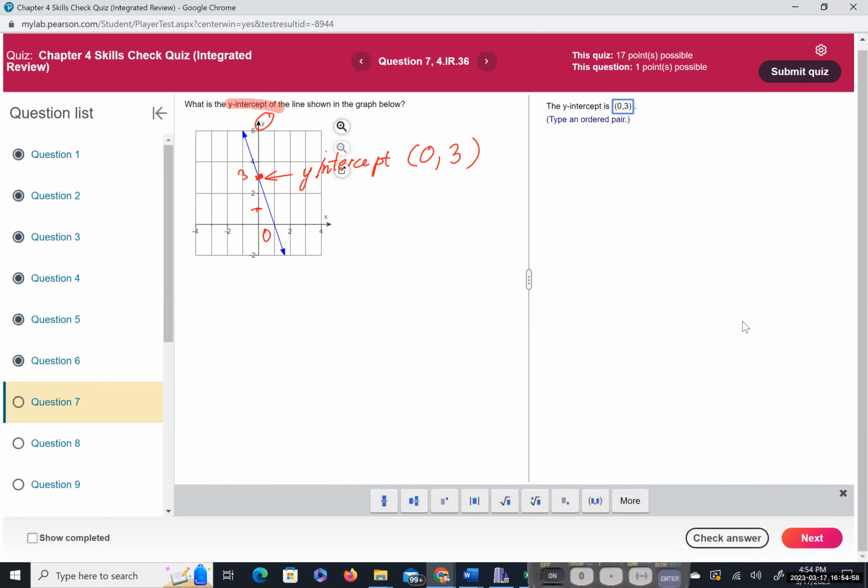So it will be b equal to 0 in this case. So that tells me that the y-intercept is 0 comma b, which is 0. Okay, 0, 0. That's the answer. All right, another way. Another way.